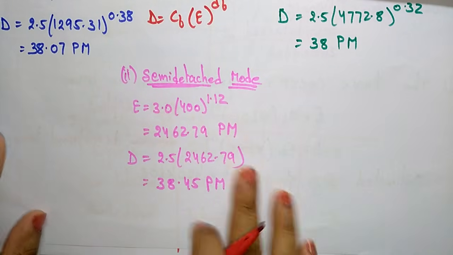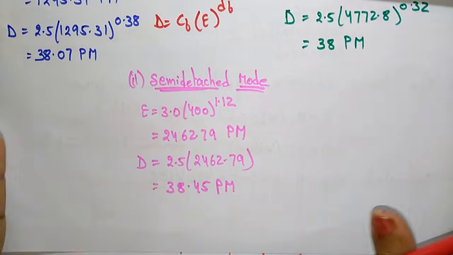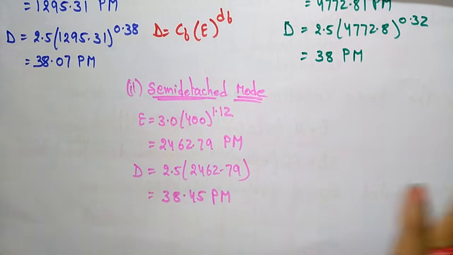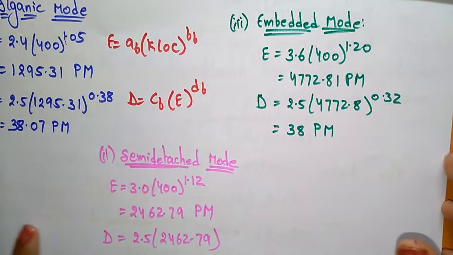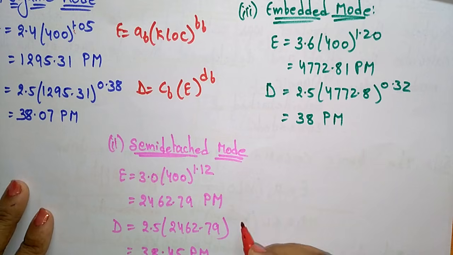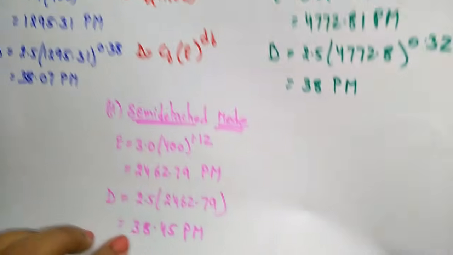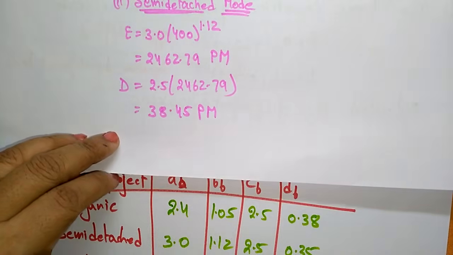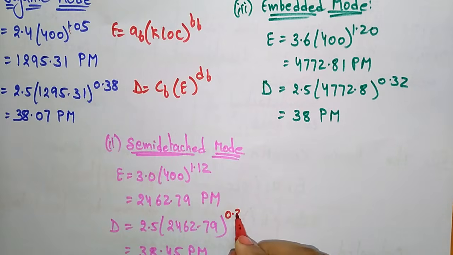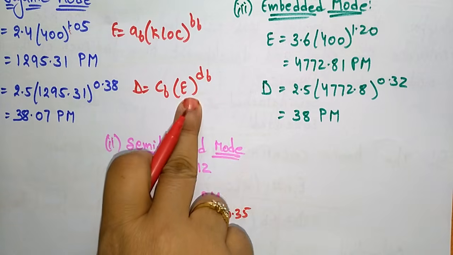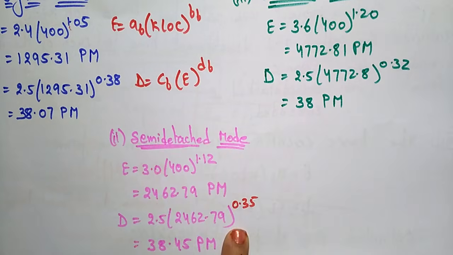Just substitute those values and calculate. So in the case of embedded, D = E power db, where db is 0.35.